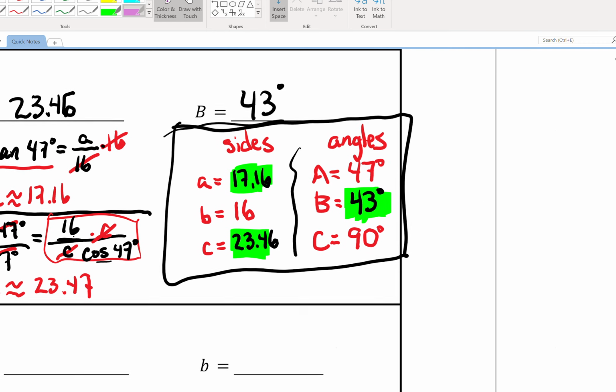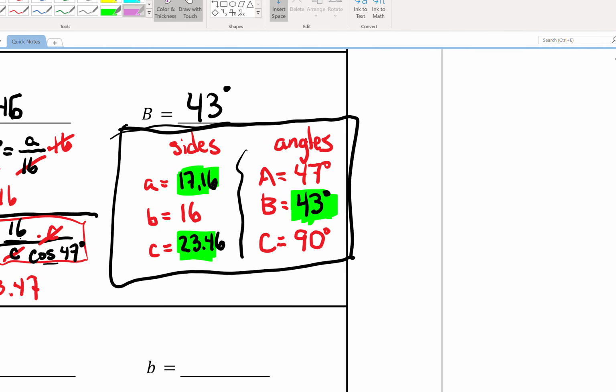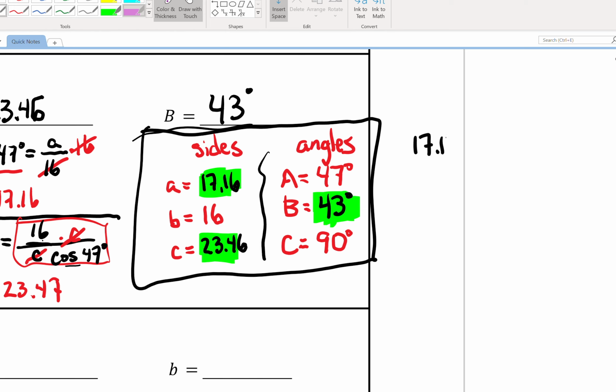Now, with that said, I could check and see, is 17.16 squared plus 16 squared going to be equal to 23.46 squared? Is the length of one leg squared plus the length of the other leg squared equal to the length of the hypotenuse squared? I don't expect that they're going to be exactly equal, because I've rounded them.